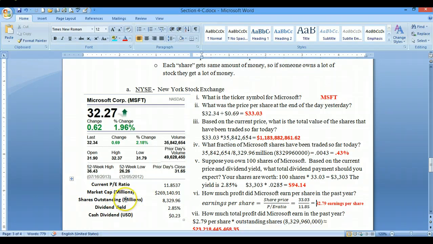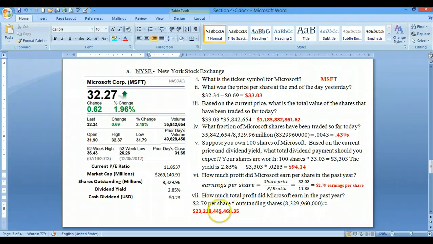The outstanding shares in millions, so I need to move the decimal over 6 times because it's in millions, and millions is 6 place values over, which gives me 8,329,960,000 shares approximately times $2.79 per share will give me an approximate, whoa, we have ones, hundreds, thousands, millions, billions, $23 billion in profit just last year alone.